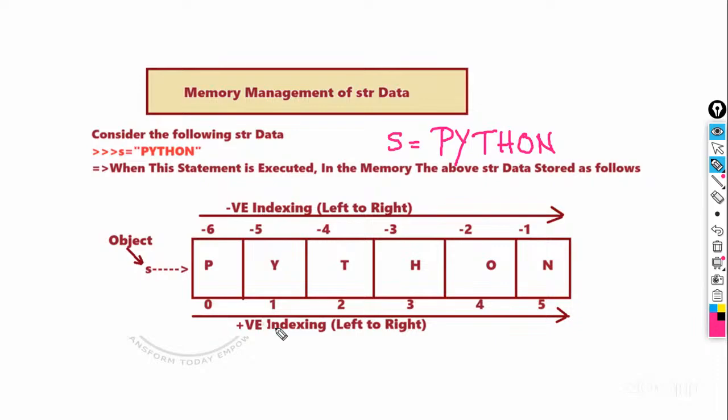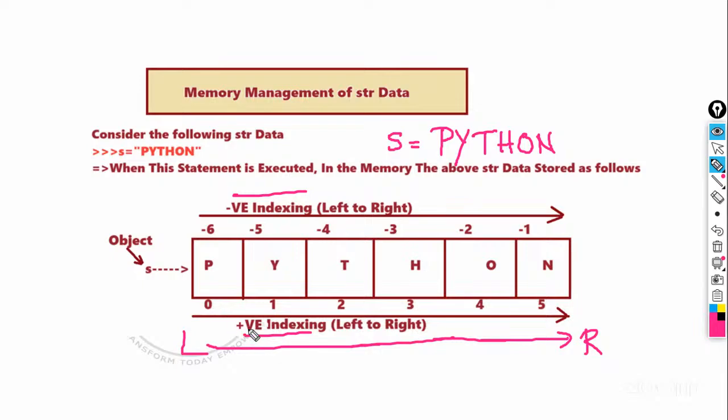This indexing is generally of two types, positive indexing and negative indexing. Positive indexing is when you go through your data from left to right. The numbers for your index values will be positive, and by default it starts with 0.